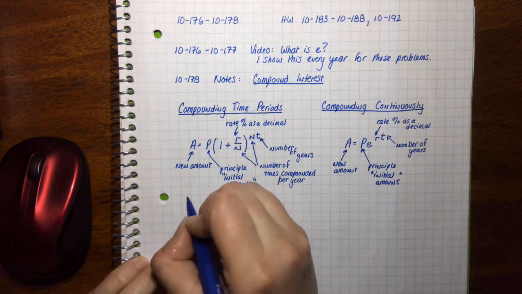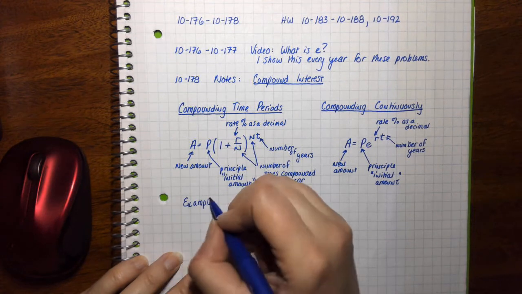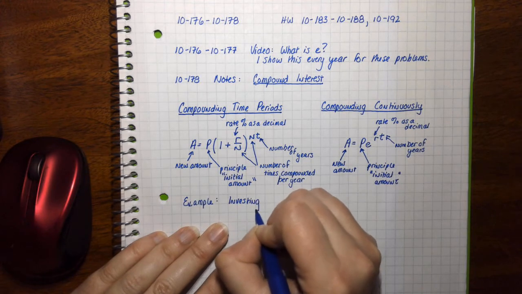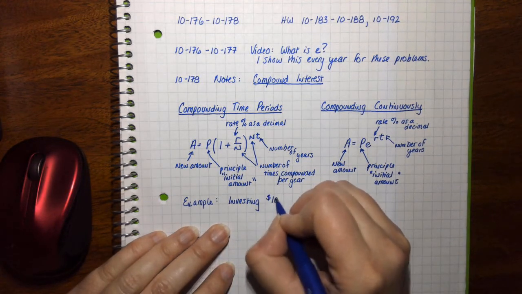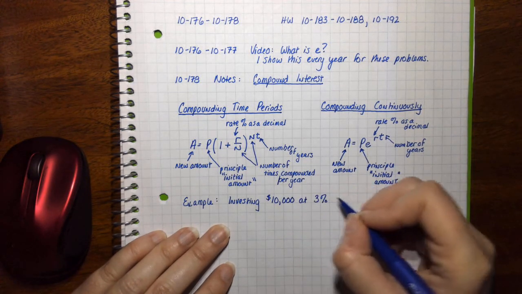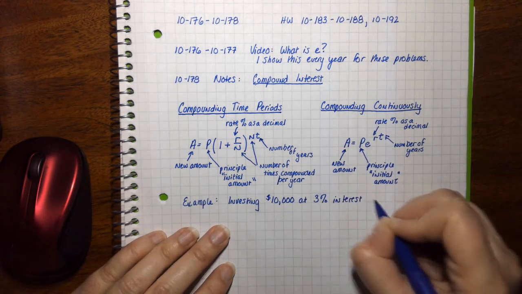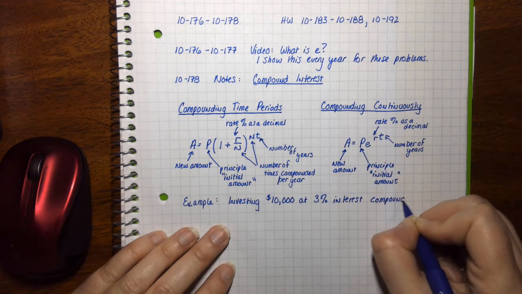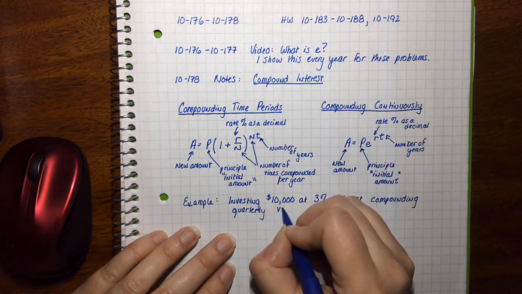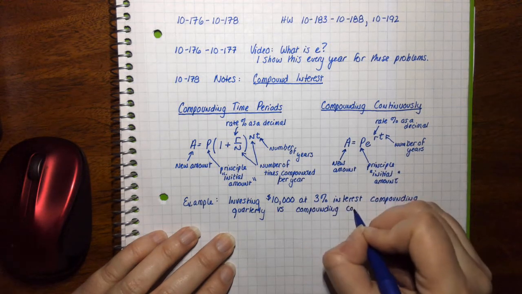Okay, so we're going to do an example, which is the problem 10-178A. So we have Tabitha, she's investing $10,000 at 3% interest compounding quarterly versus compounding continuously.